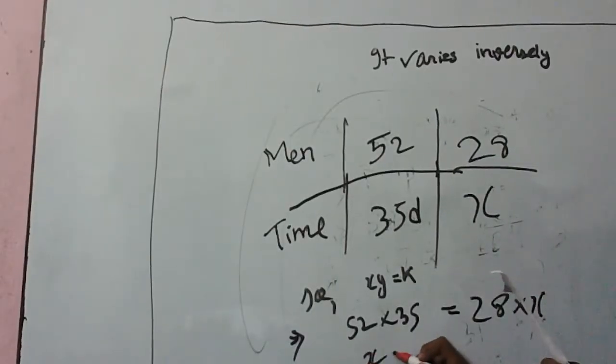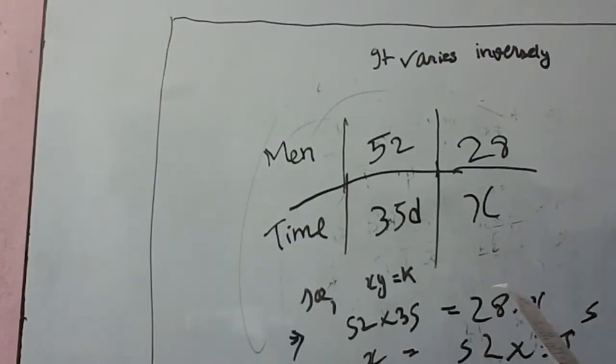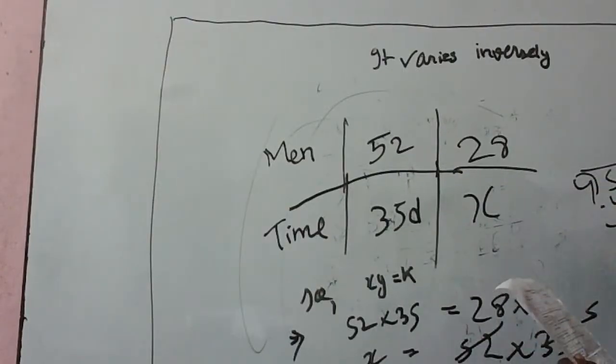This implies x equals 52 into 35 by 28. 7 is a factor of 35 and 28, and we can cut 52 with 4. 1 times 13 times 5 equals 65. Therefore, the answer will be 65.